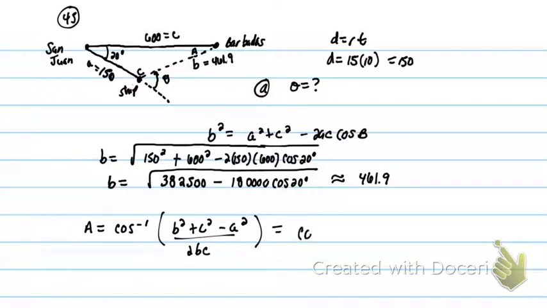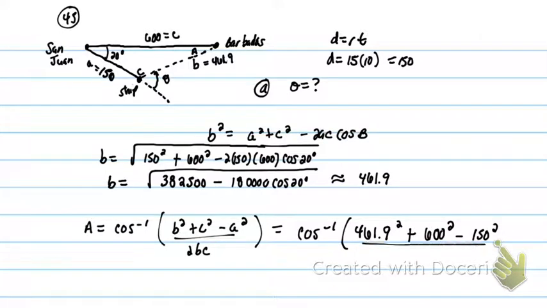So we would need inverse cosine. What was B? B we just got is 461.9. C is 600. A is 150. And then down here we have 2 times B times C, which is 600.